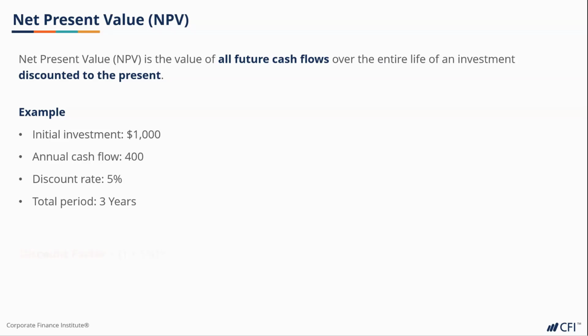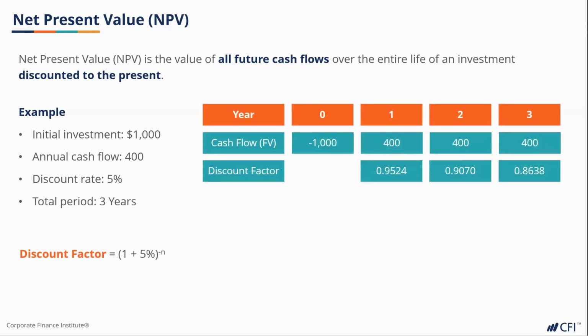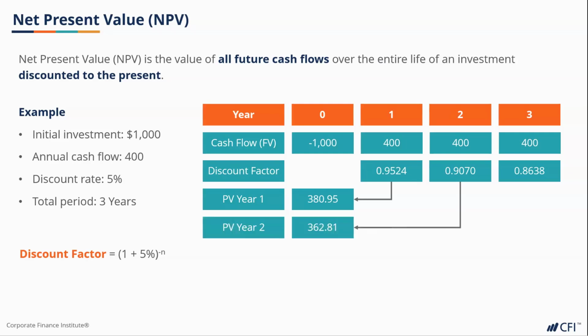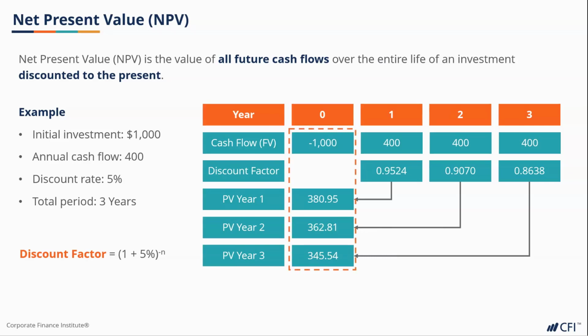Using these variables, we calculate the discount factor for each of the cash flows and multiply that by $400 to get the PV of each cash flow. Then we sum the PVs and subtract the initial investment, which in this case gives us a positive NPV of $89.30.